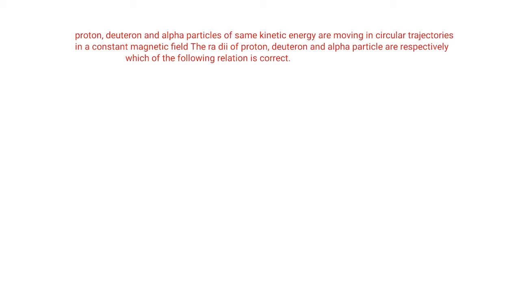The radii of proton, deuteron, and alpha particle are respectively Rp.